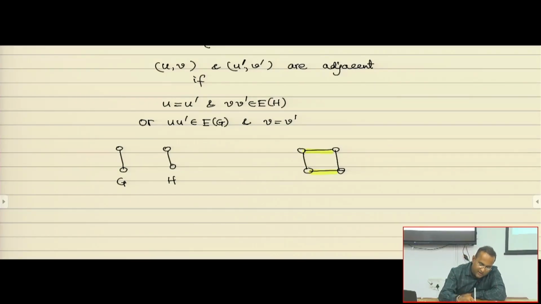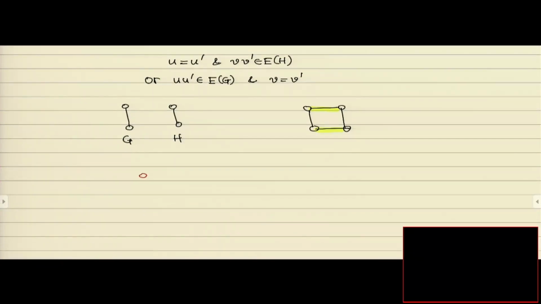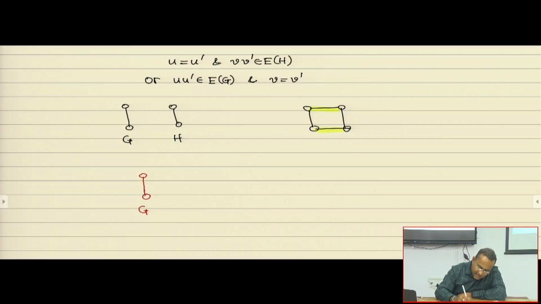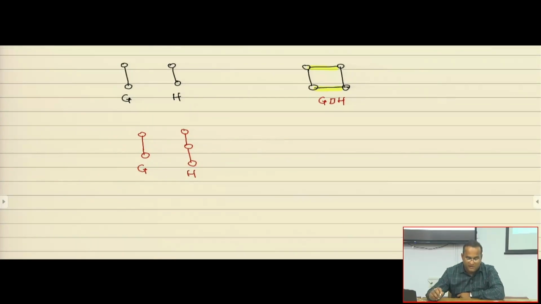Let us try to see another example a little bit. Let us say this is our G and this is H. How will it look? This is G, and for every vertex, it will look like this.